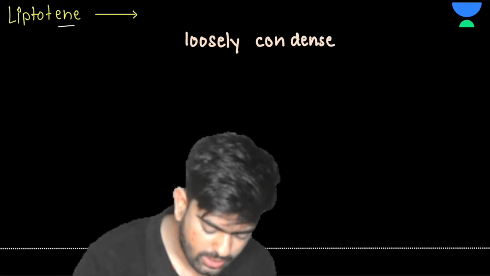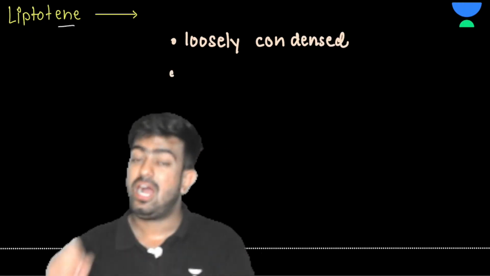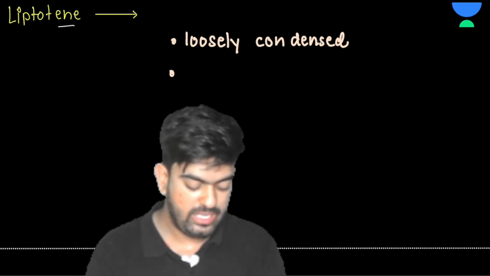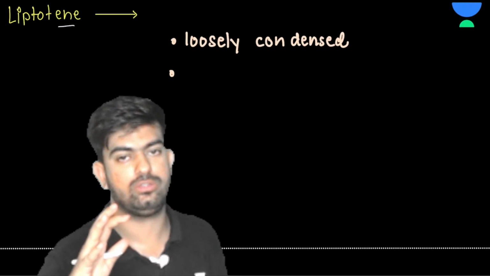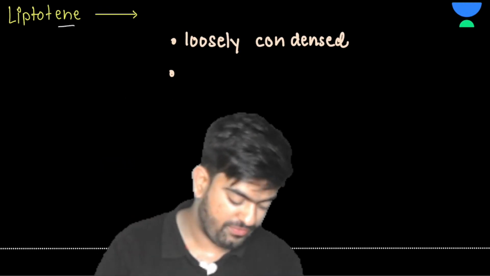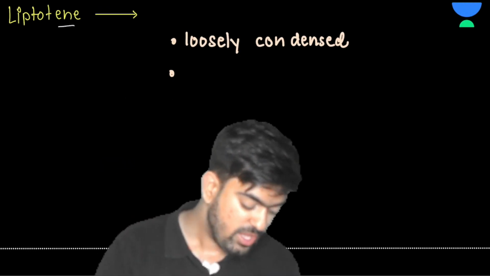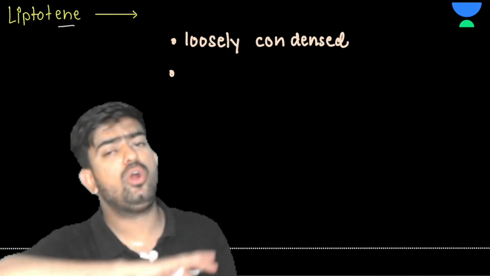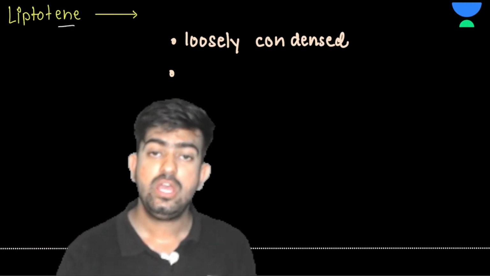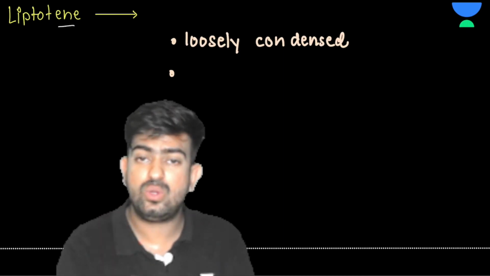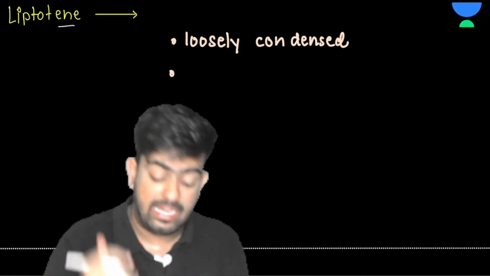Now sir, what are the other properties? We have here the longest and the thinnest chromosomes. Among all the phases, if you see this phase under the microscope, your chromosomes will look very big and very thin.